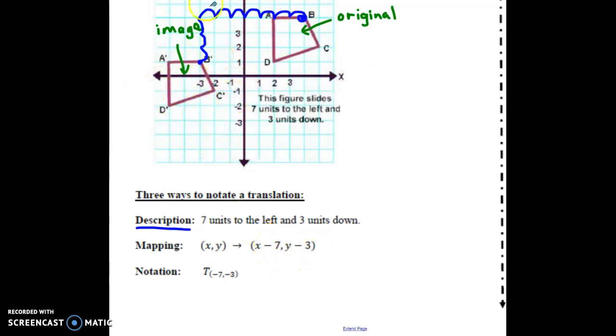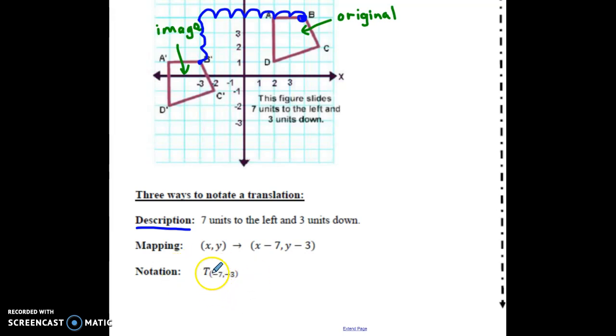And then because we moved down 3, that's why they used a minus 3 with the y value, because this is your y-axis, right? Positive numbers are up, negative numbers are down. So it's not a coincidence that they used a minus sign for the 3 as well as a minus sign for the 7, because of the verbal directions. Moving to the left, negatives, moving down, negatives.